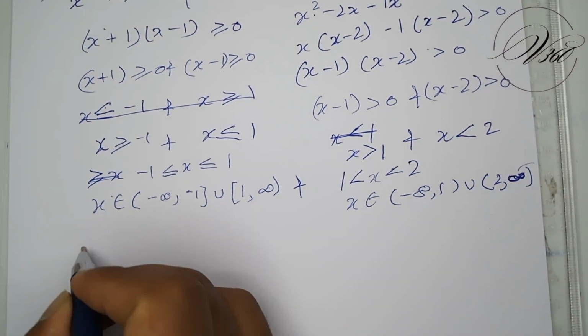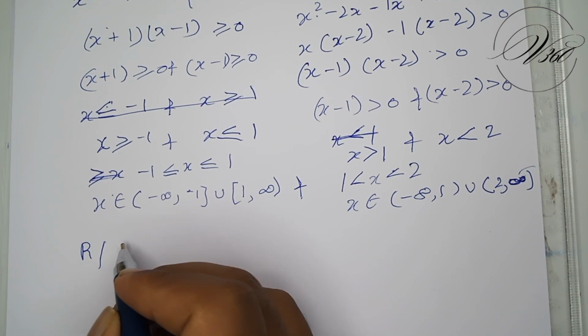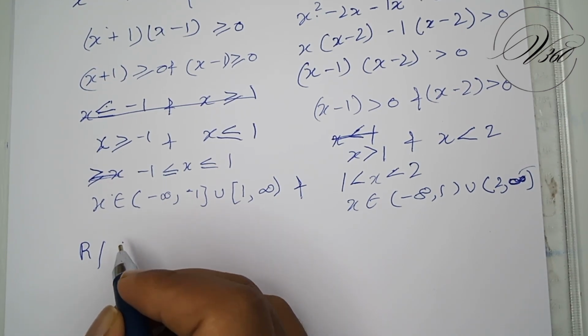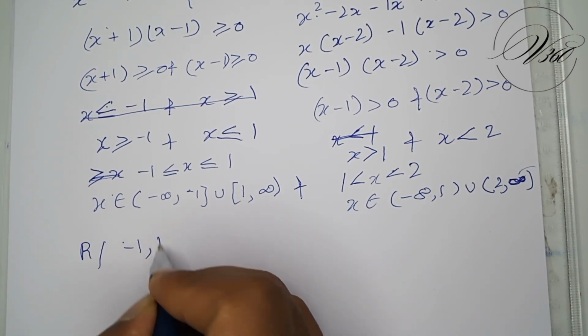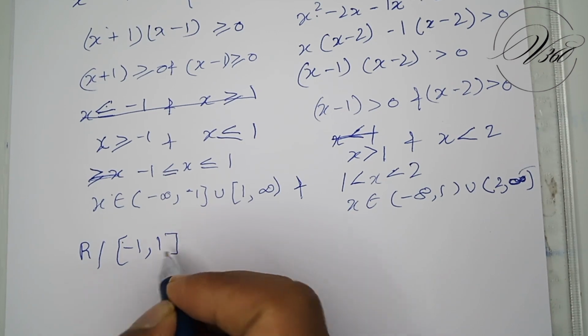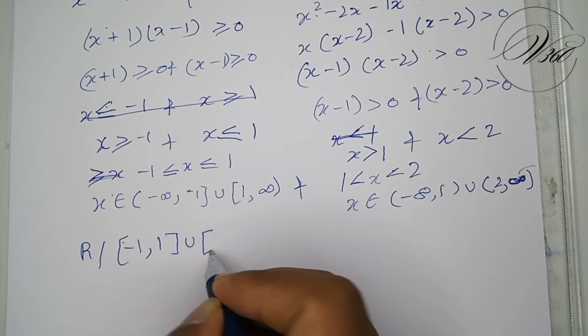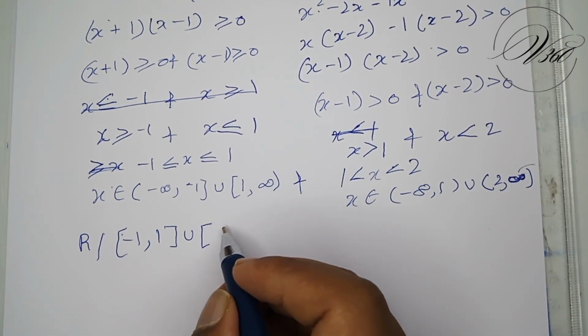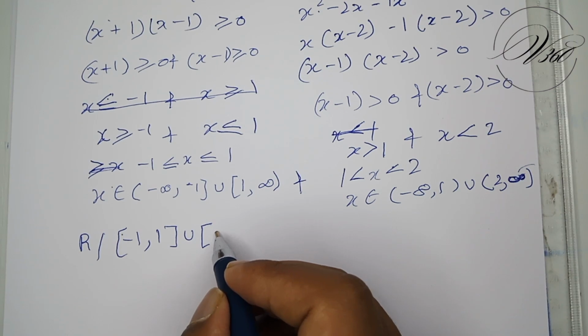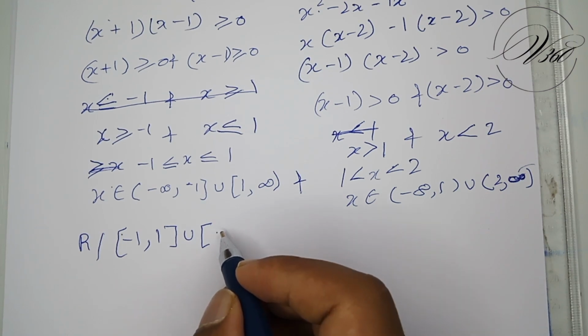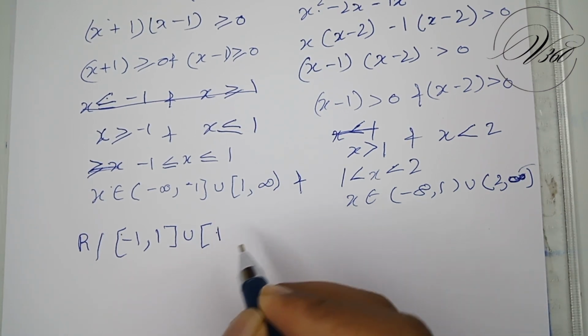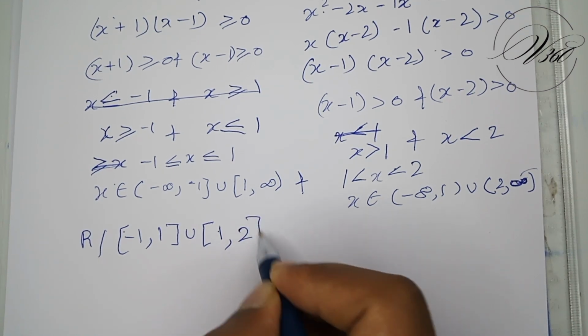Here we can write R, that is range, slash minus 1 to 1, which is union with 1 to 2.